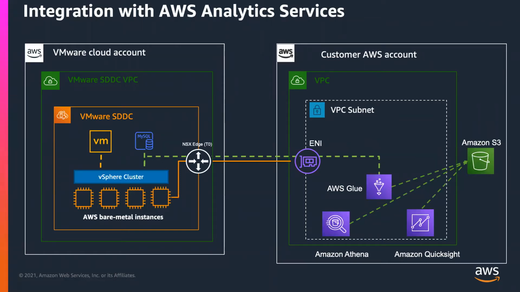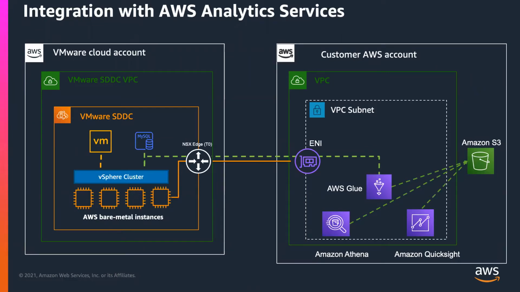That basically hooks on to the bare metal instances using the NSX Edge. NSX Edge is a virtual construct that is installed on the VMC side. And once this connection is done, the customer will have a direct 25 gig network into the AWS backbone.